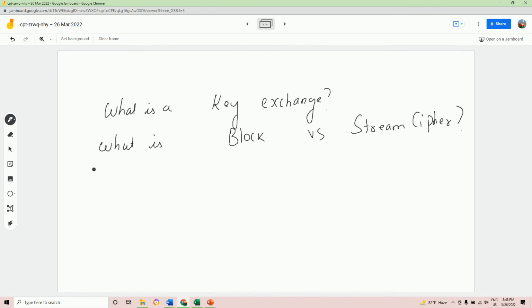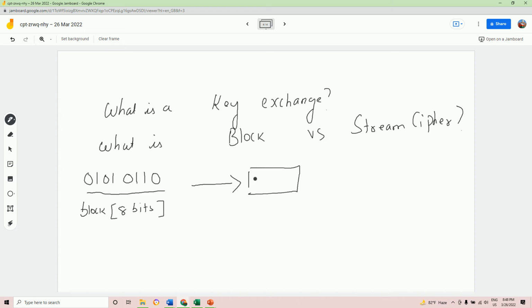Okay, so what it means, students, for example, you see, now you have 8 bits. You have a block and this block has 8 bits. Okay, so this block goes as an input into the encryption algorithm.